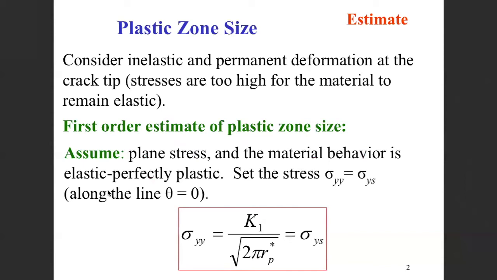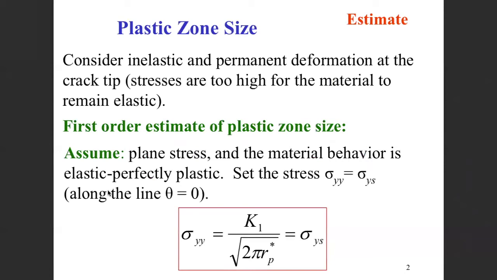So if you're going to do an analysis, you need to consider that, and get an estimate of what the plastic zone size is in front of your material, what that plastic zone is going to look like, and how the plastic zone size changes with respect to the boundary conditions.